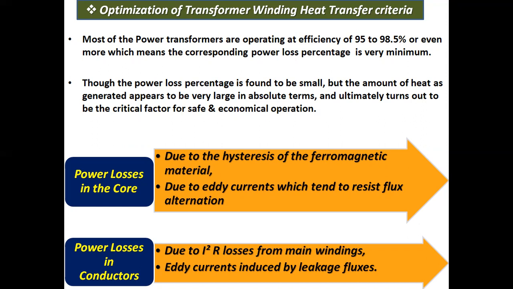Therefore, power losses in the core are due to the hysteresis of the ferromagnetic material and eddy currents which tend to resist flux alternation, and power losses in conductors are due to I square R losses from main windings and eddy currents induced by leakage fluxes.